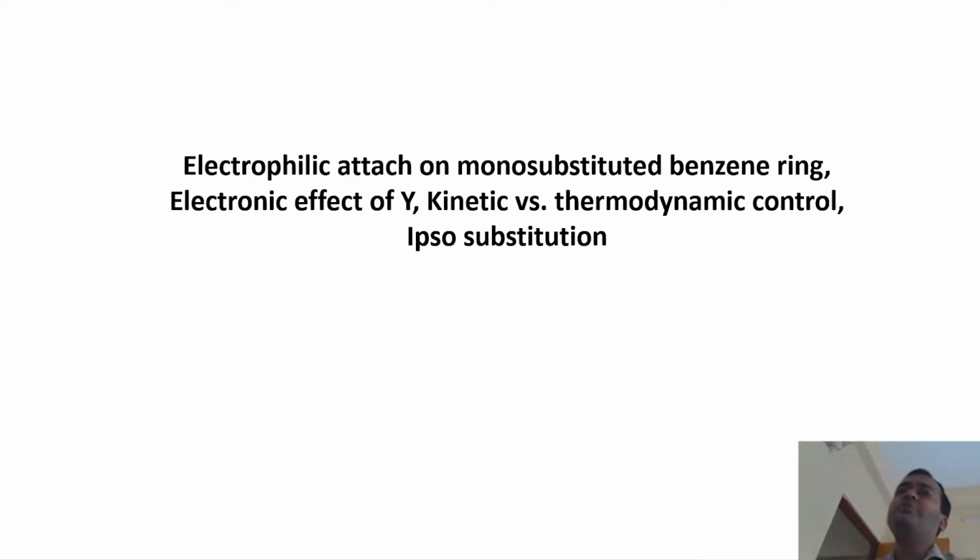Okay. So if we're talking about electrophilic attack on a monosubstituted benzene ring, I think all of you know that there are two types of orienting groups, correct? One is your ortho para orienting group, another is your meta orienting group. So which are ortho para orienting groups?